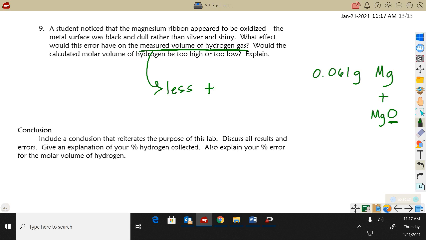What if I say less than expected? I mean, I thought that I had 0.061 grams of magnesium, but really I had less. I didn't have that much magnesium. And so the amount of hydrogen I produce then is going to be maybe less than what I expect.